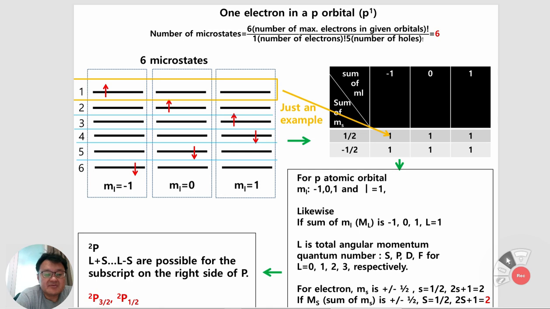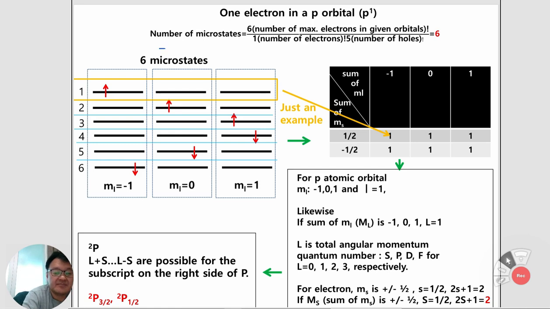First, let me start with the number of microstates. The number of microstates can be determined by this equation. Number of microstates is the maximum number of electrons in given orbitals, factorial, divided by number of electrons factorial, divided by number of holes factorial. So in p orbitals, you can put maximum 6 electrons, so 6 factorial. This 6 is the maximum number of electrons which can go into p orbitals with the same energy level.